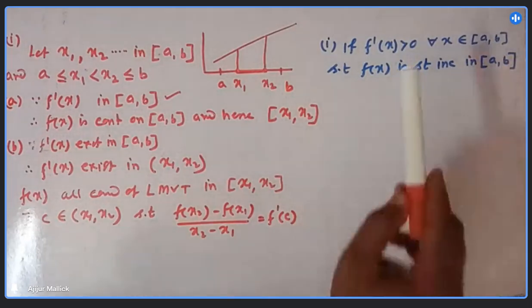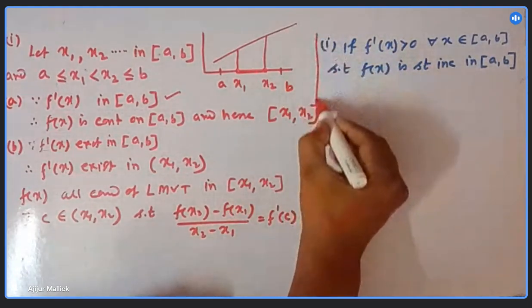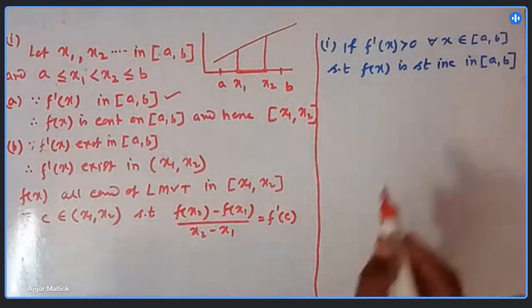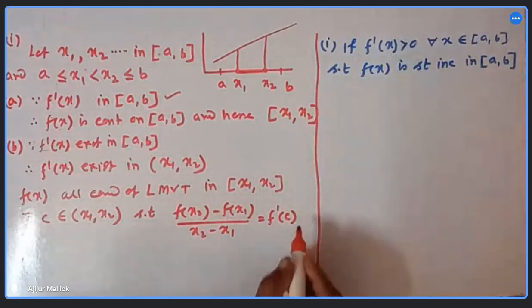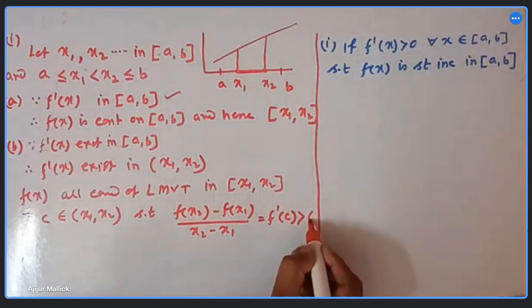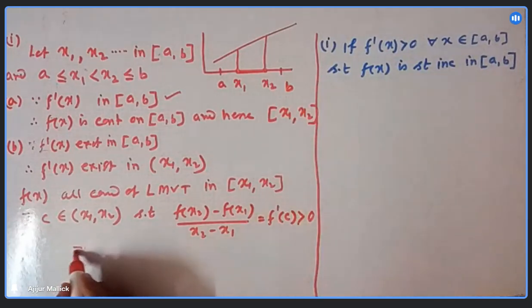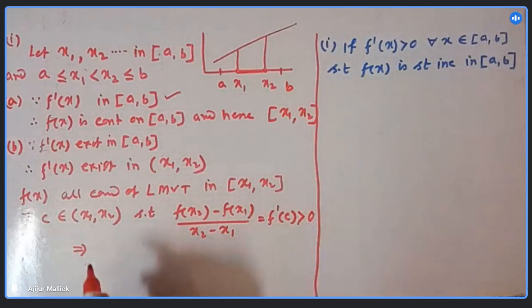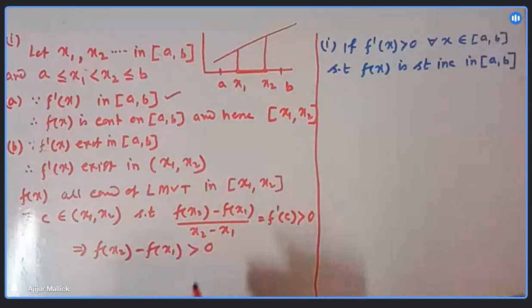It is given in the question that f dash x is greater than 0. So after cross multiplication we get f(x2) minus f(x1) greater than 0.